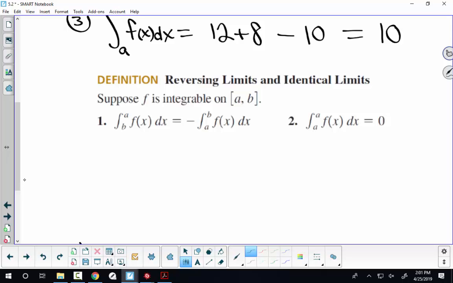Maybe once we talk about the fundamental theorem of calculus, we could justify that pretty easily. But for now, maybe think about just going in reverse. And then also the integral from a to a of f of x dx is equal to 0, because from a single point to the same point, there is no area under a curve there.